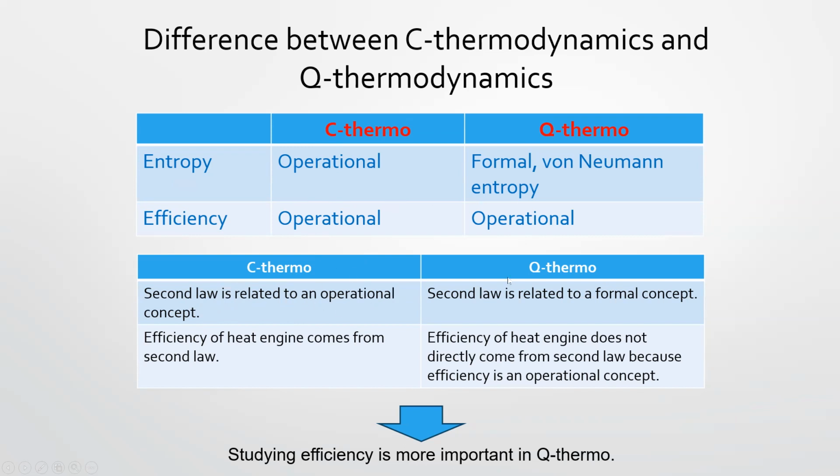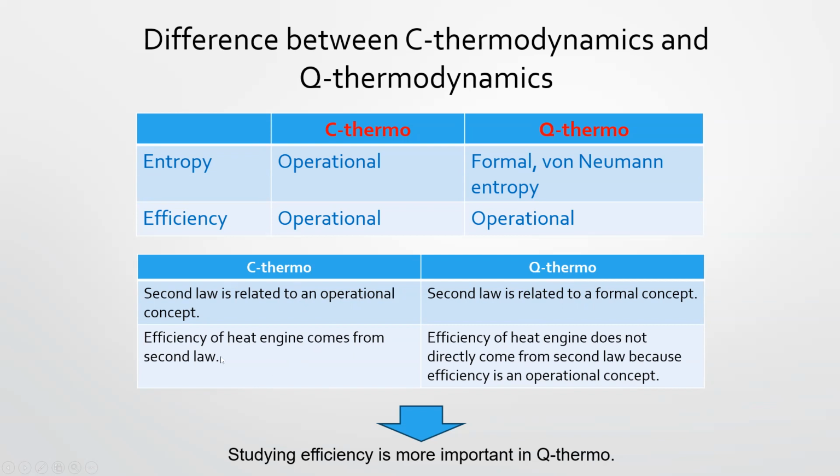But in the case of quantum thermodynamics, we also have a second law. Many people prove the second law, but this one is related to the formal concept. So the meaning of the second law is completely different in classical thermodynamics and quantum thermodynamics.